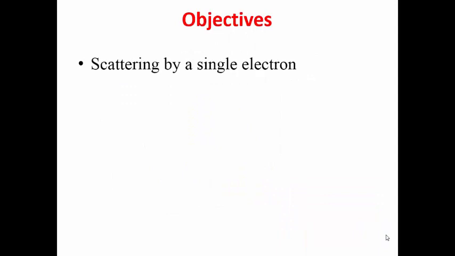Now, the objectives that we're going to work on today will be the scattering by a single electron. We're talking about X-rays, and X-rays are scattered by electrons, so we have to concentrate on the electrons.